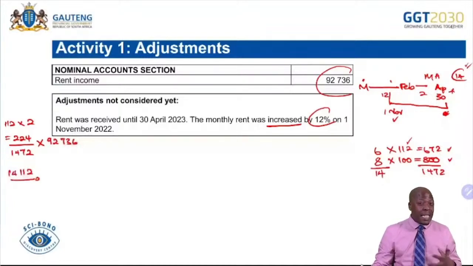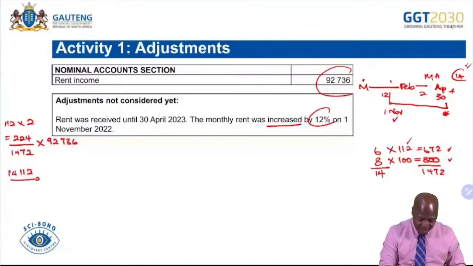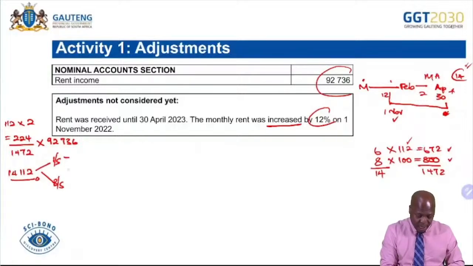And once we have income received in advance, it must be adjusted in 2 places, namely your income statement and your balance sheet. In your income statement, this is income received in advance, so we subtract it. In a balance sheet, it goes to trade and other payables.